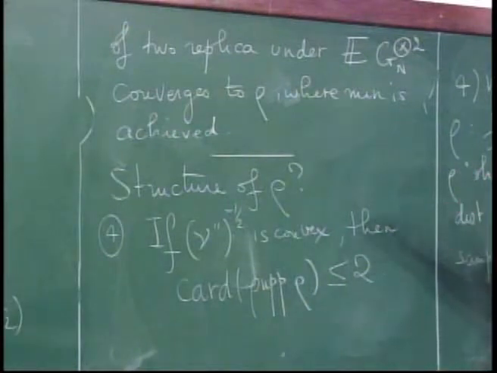Under this strange condition, you have at most one-step replica symmetry breaking. You can have two atoms. Rho is atomic, and you have either one or two atoms. One atom means replica symmetry. Two atoms means one-step replica symmetry breaking. So that's a simple situation.